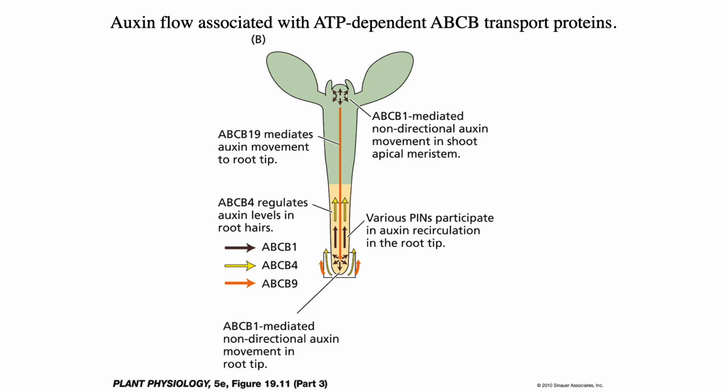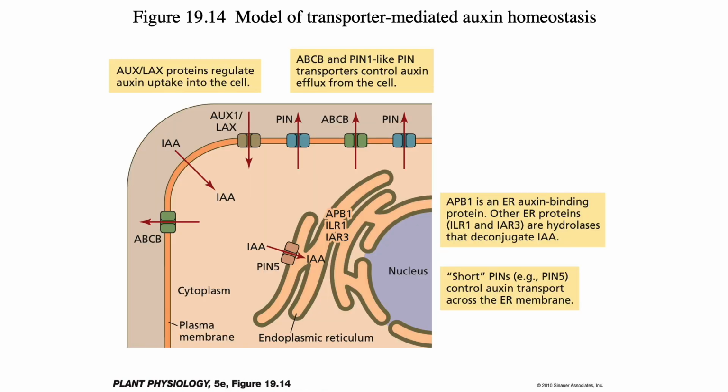ABCB4 regulates auxin levels in elongating root hairs. This image provides a model for how different auxin transporters function. The AUX-LAX transporters regulate auxin uptake into cells. The ABCB and PIN1-like PIN transporters control auxin efflux from the cell.